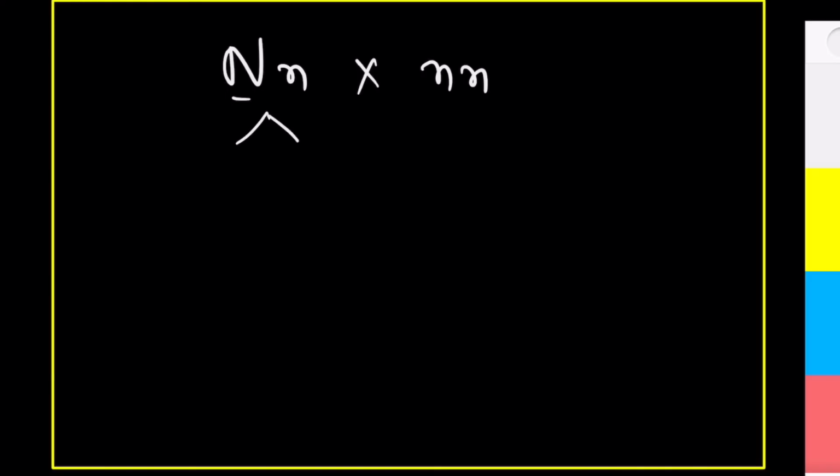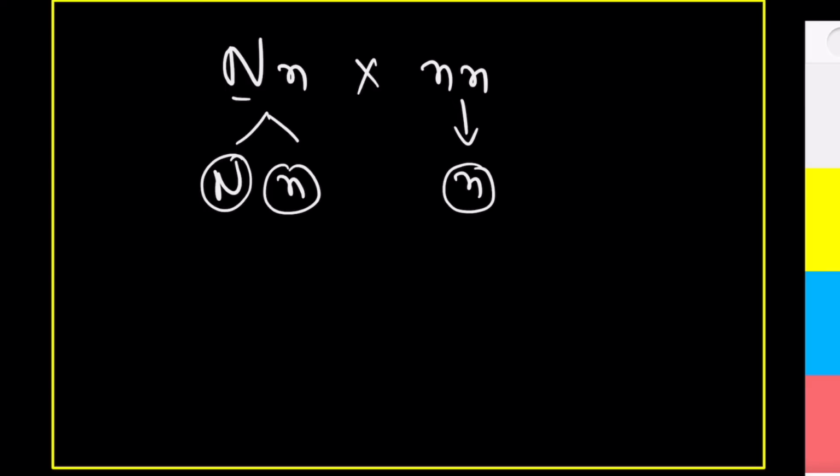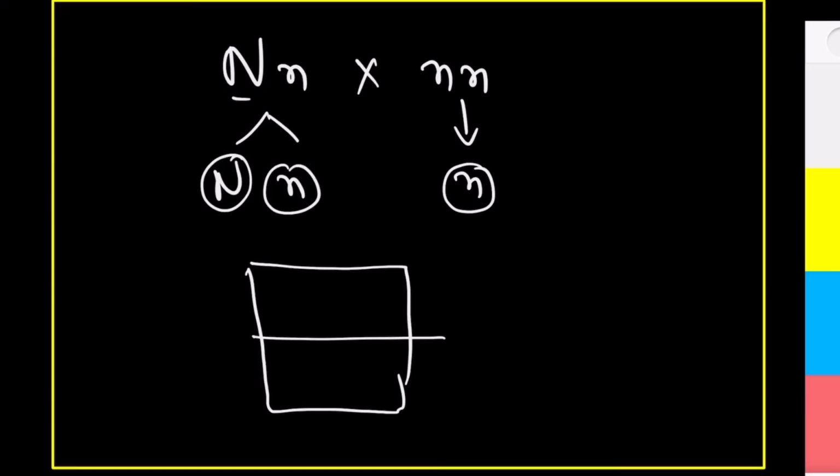Now try to see here. It is going to produce two types of gametes, capital N and small n. Here you are going to see there will be synthesis of one type of gamete. You circle it. Now what kind of progeny will be in the next generation? You can easily predict. Just make the Punnett square.